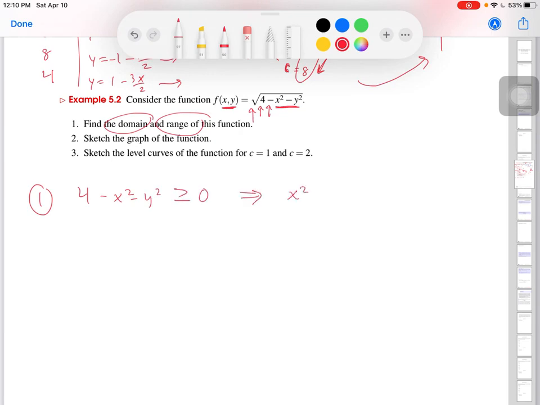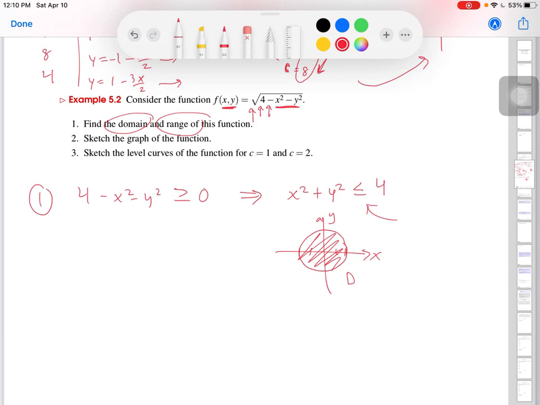So that tells us that x squared plus y squared is less than or equal to 4. And that plot in the xy plane is a circle or disk of radius 2. So this is the domain D, a disk that includes the boundary x squared plus y squared equals 4. So that's our domain D.